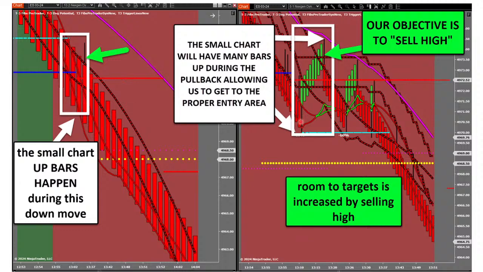The small chart's going to have all these up bars on its way to high, right? And we're going to sell high. And ideally, these up bars take you straight to resistance inside of triggers, and we're going to use that to capitalize on the momentum and the direction and the clear path on the large chart. Room to targets is increased by selling high.